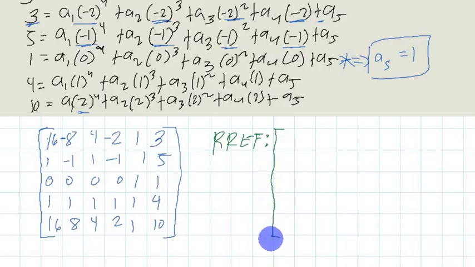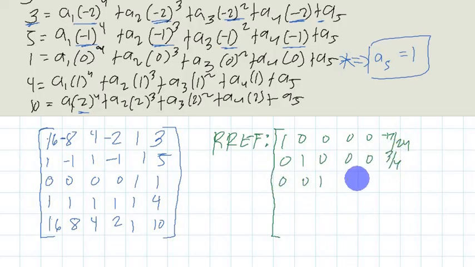So the reduced row echelon form, after solving it, will be 1, 0, 0, 0, 0, then negative 17 over 24. The next one will be 0, 1, 0, 0, 0, 3 fourths. Then the next one would be 101 over 24.